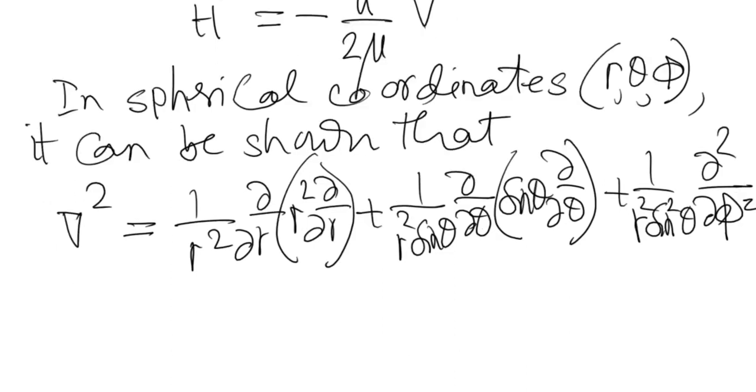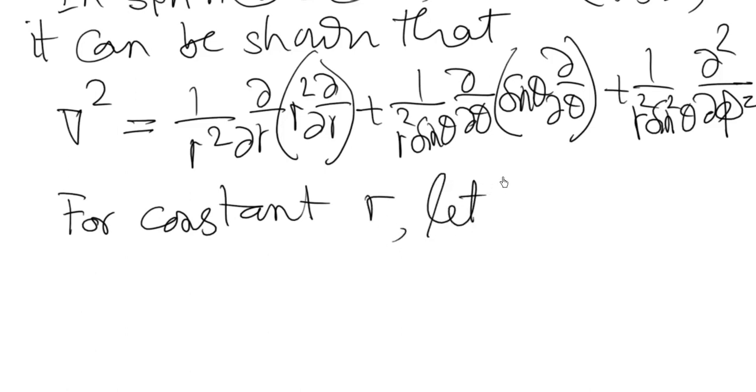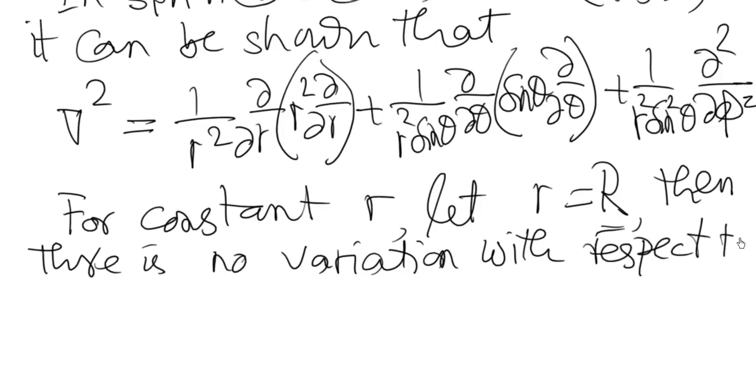Okay, we consider the rigid rotor problem as a rotation in 3D, corresponding to motion on the surface of a sphere of radius capital R. For constant radius, let small r equal to capital R, then there is no variation with respect to small r, because this r is constant.